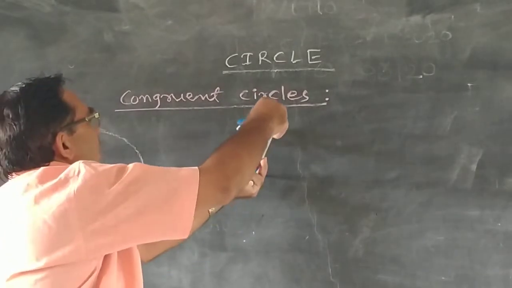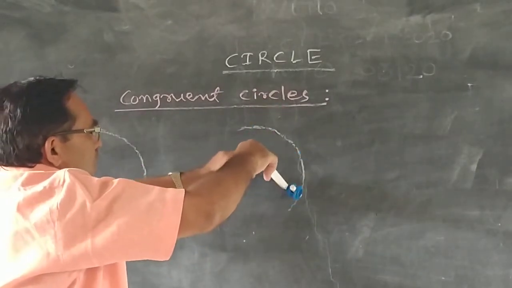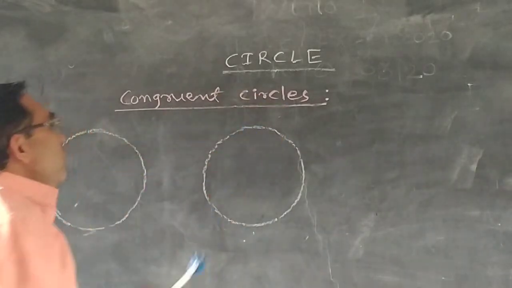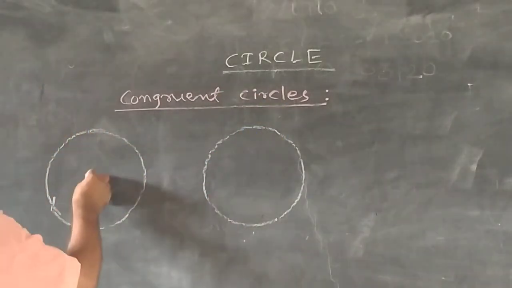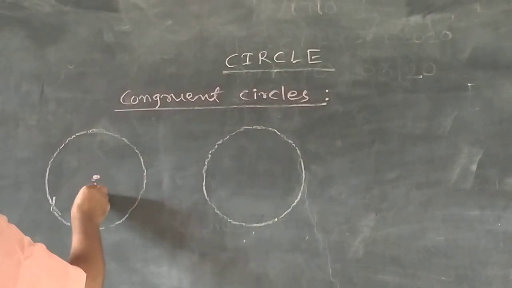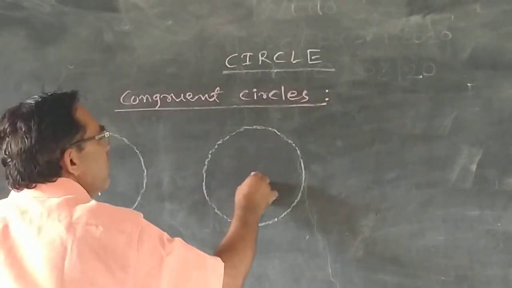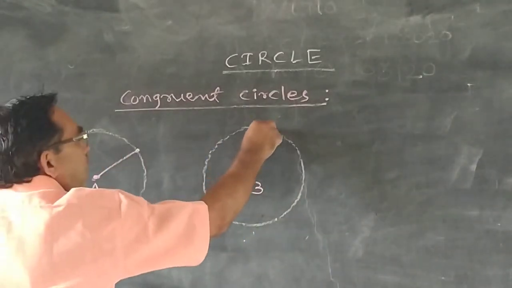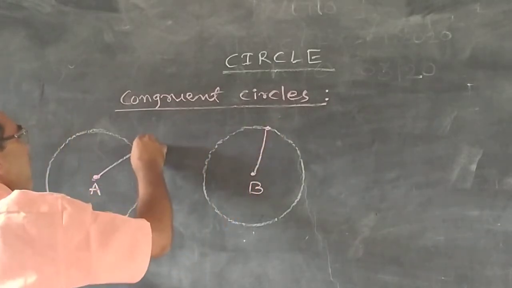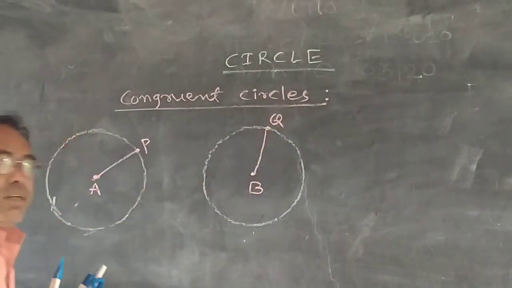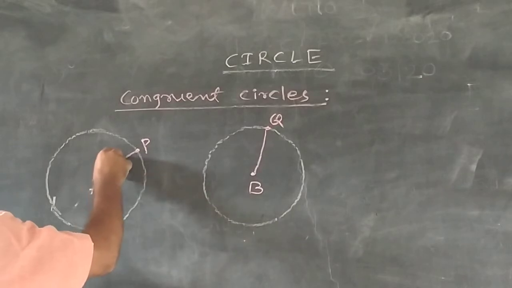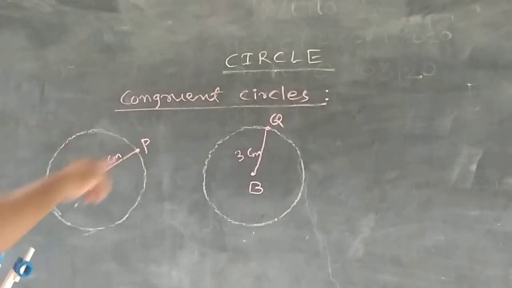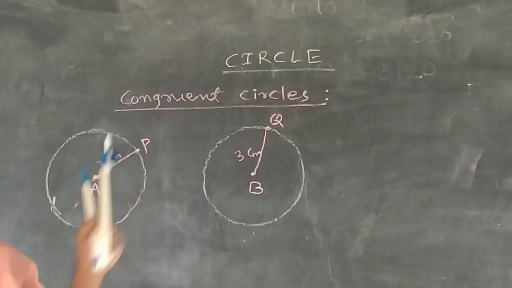Also, I draw another circle with the same radius. This is the circle with center A, this is the circle with center B. The radii of these two are equal, AP and BQ. If this radius is 3 centimeters, and this is also 3 centimeters, then the circles are called congruent circles.